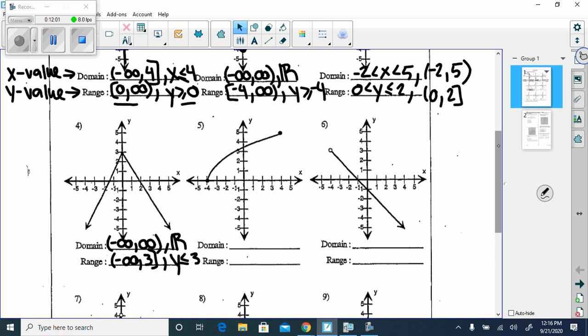All right, number 5. How far left does this one go? Okay. And is it open or closed? Closed, so I would put a bracket. Okay. And how far right does it go? 4. And it's also closed, so I would need a bracket there as well. I can also write this using inequality signs.